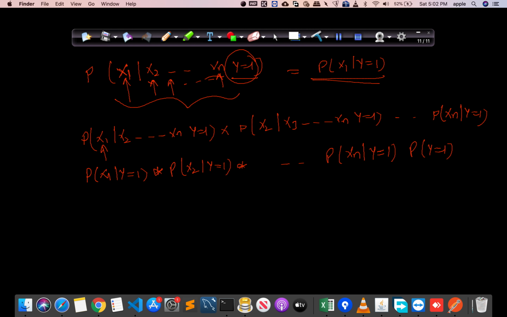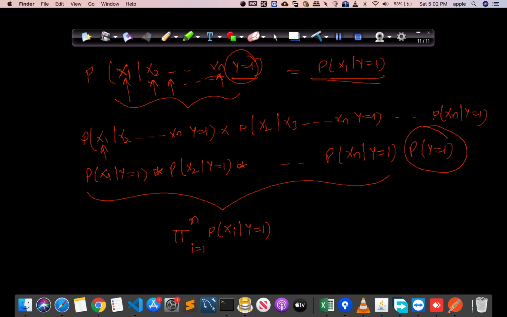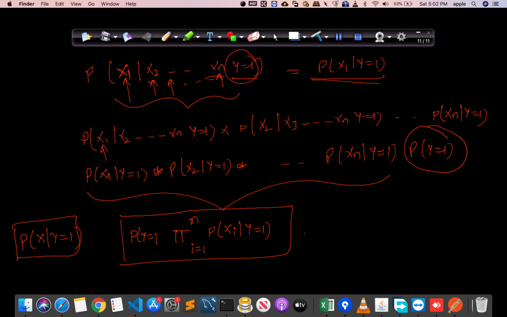Now we can simplify this as the product, i equals to 1 to n, of probability of xi given y equals to 1. This we can simply get from our training data, and this is multiplied by probability of y equals to 1. So this is our whole formula, and this is probability of x given y equals to 1, which is what we have to learn from our training data.